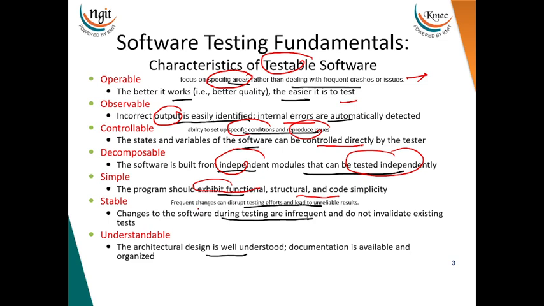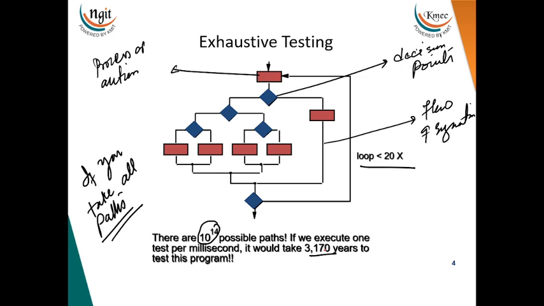Stability: frequent changes can disturb the tests, so we should not leave unreliable tests. Changes in the software should be tested, and frequently. Do not invalidate existing tests. If you are making changes frequently, it will lead to test failures. Understandability: the overall architecture should be well understood and the documentation should be well organized.